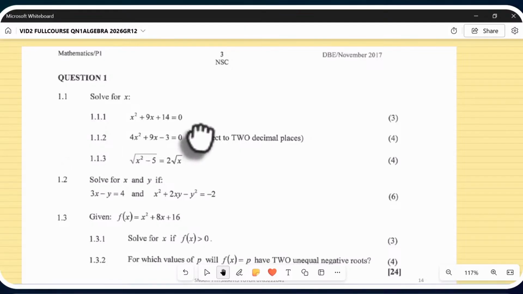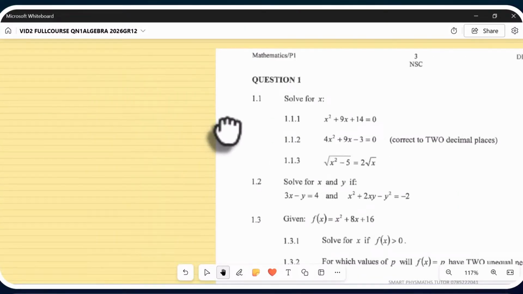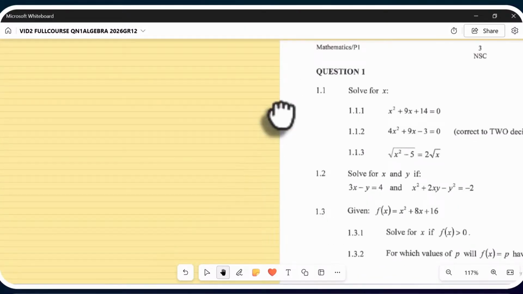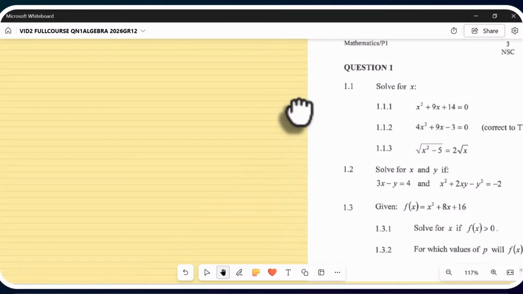Which numbers are those? They're going to be 2 and 7, right? 2 and 7. Okay, so for that matter, you're going to say question 1.1.1. We're going to have two brackets.